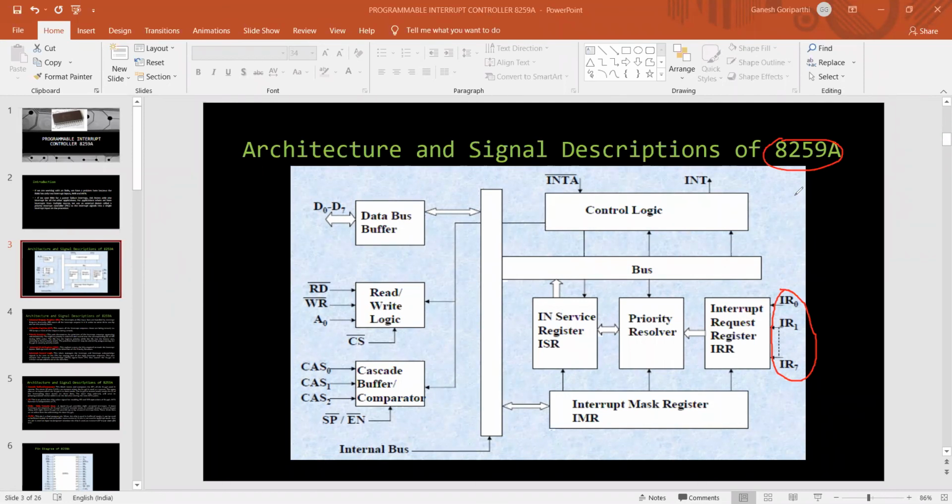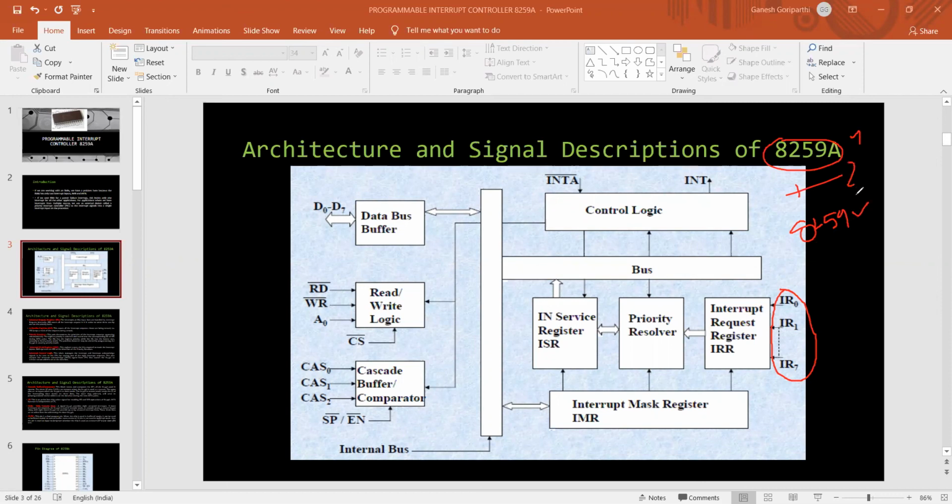That means 8259 plus 8259, we have two 8259. Up to 8, this one handles. Greater than 8, this one handles.